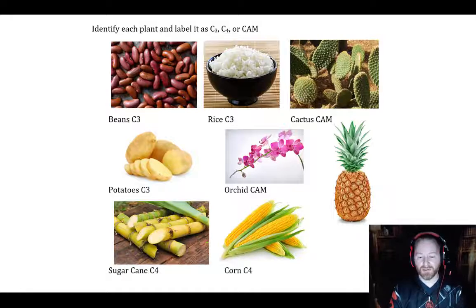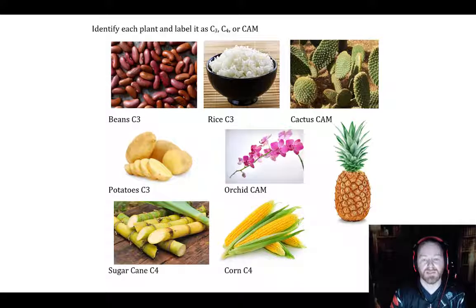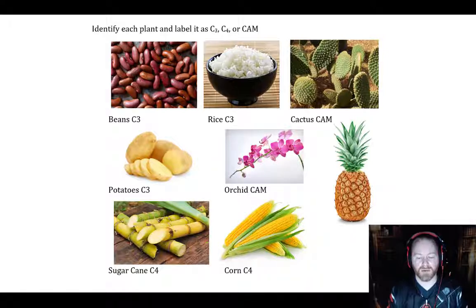Sugarcane and corn, these are both examples of C4 plants. They separate where the processes are happening of storing CO2 versus running their Calvin cycle. Because the areas where these grow are hot. They also have a lot of water there, but it's hot. You usually grow most corn and sugarcane in areas that get a lot of sunlight.